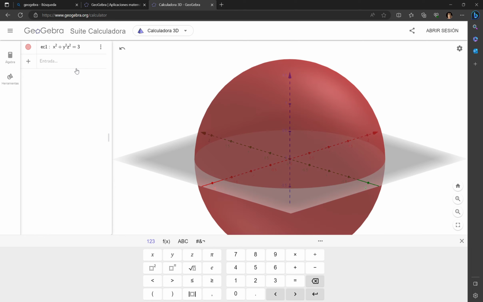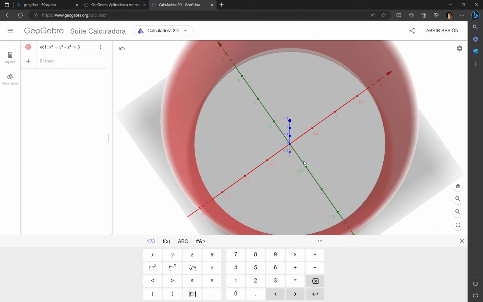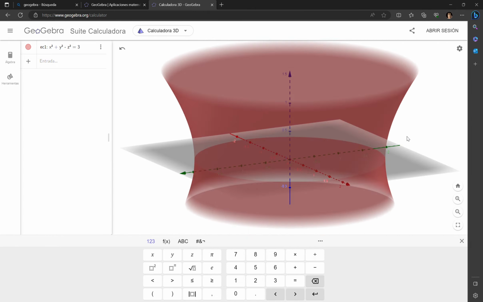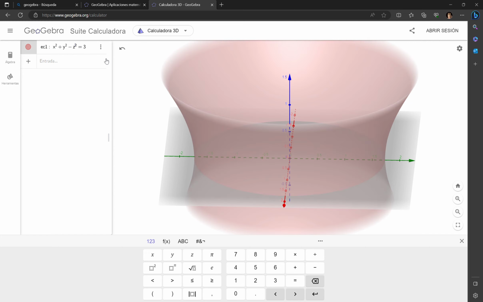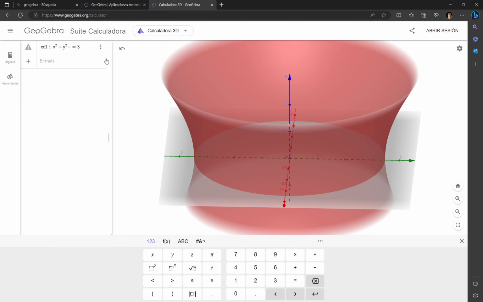The main difference is not important. So we have another geometric figure.